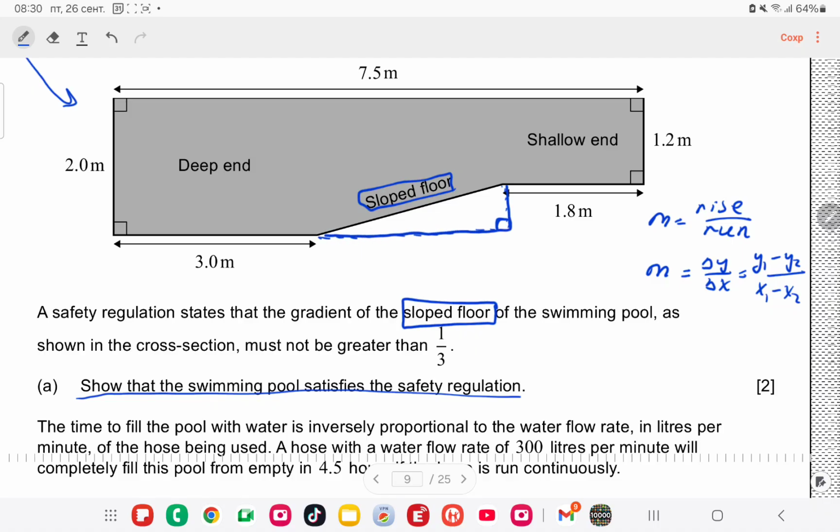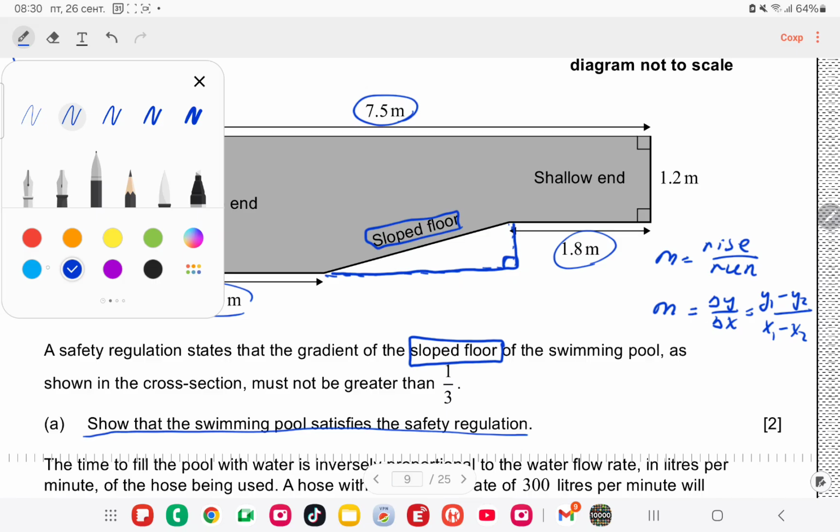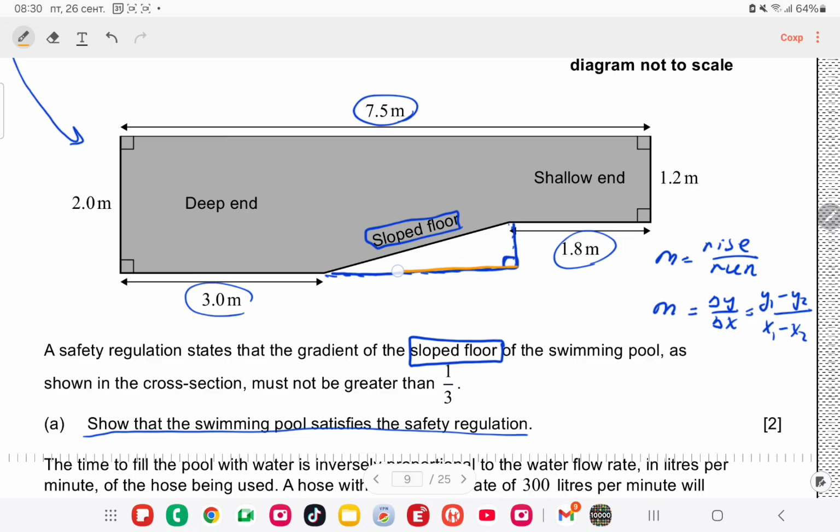Playing with these numbers, the total length is 7.5, and from 7.5 we should subtract 3 and 1.8 to find this side of the triangle. So this side is 7.5 minus 3 minus 1.8.